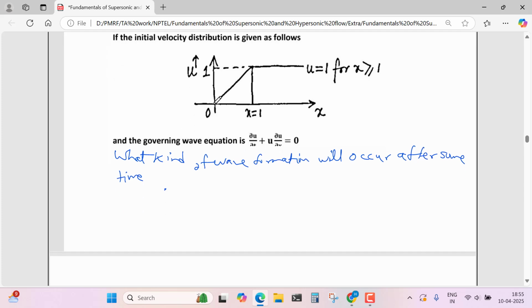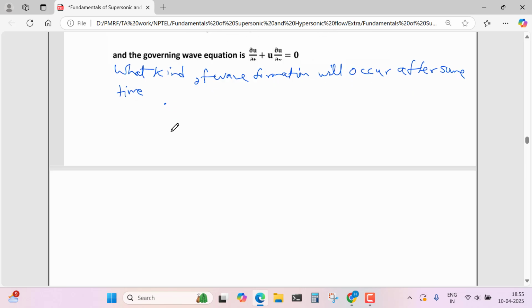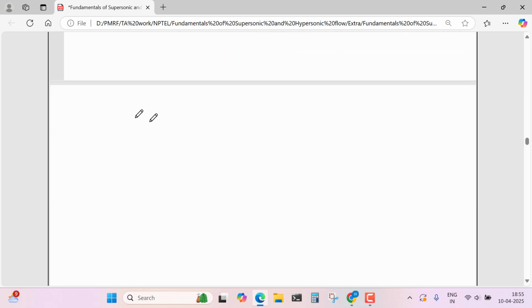So at t equal to 0, this velocity distribution is given. We'll draw the characteristic lines, and the characteristics are given by dx by dt equal to u.